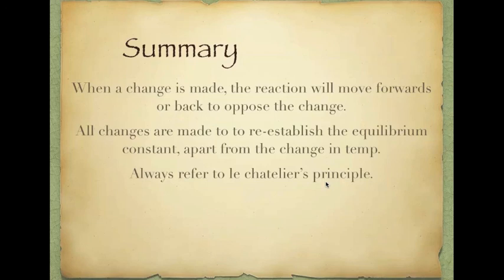Worst case scenario, put some numbers into your equations and base it around re-establishing this equilibrium constant. If your new numbers give you a larger equilibrium constant, you'll try and move backwards. If new numbers produce a lower equilibrium constant, you'll try and move forwards, and so on and so forth. That's your summary.